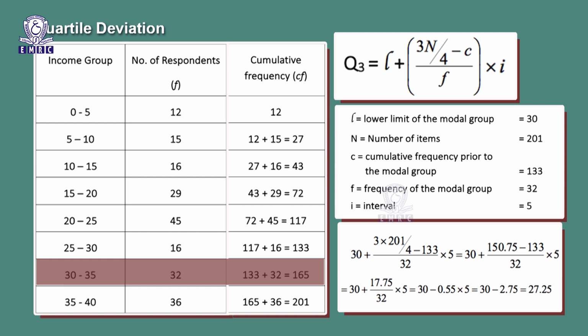Q3 is equal to L plus (3n divided by 4 minus C) divided by F into I. 30 plus (3 into 201 divided by 4 minus 133) divided by 32 into 5, which is equal to 30 plus (150.75 minus 133) divided by 32 into 5, which is equal to 30 plus 17.75 divided by 32 into 5. 30 plus 0.55 into 5 is equal to 30 plus 2.75, which is equal to 32.75.